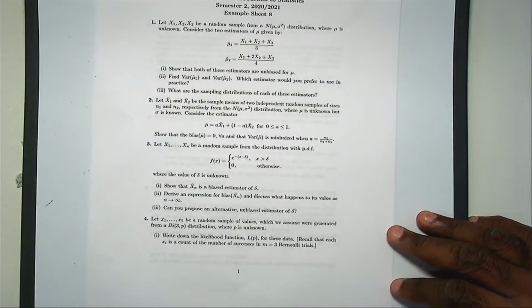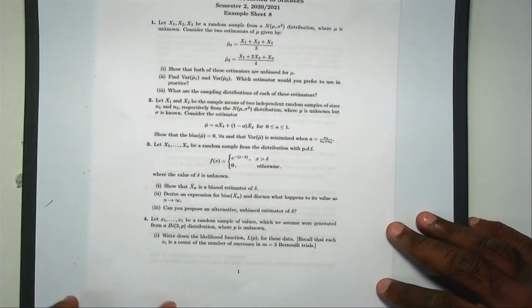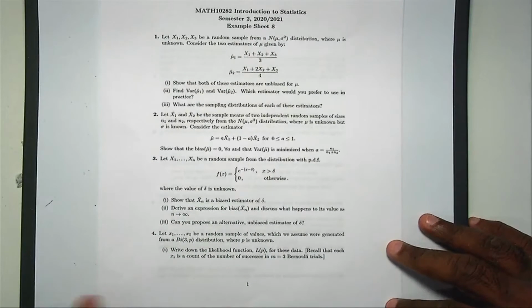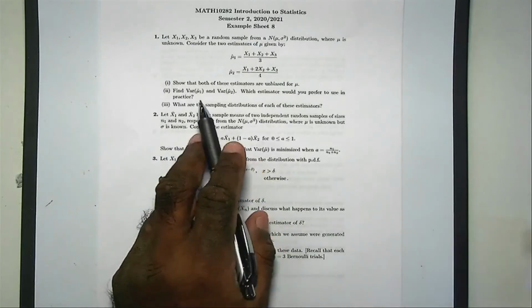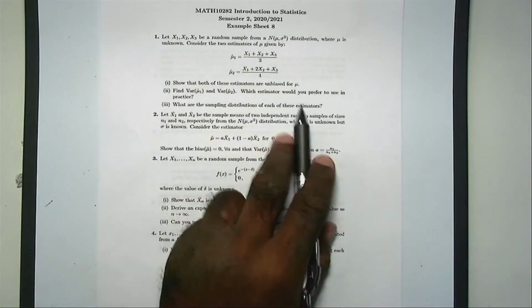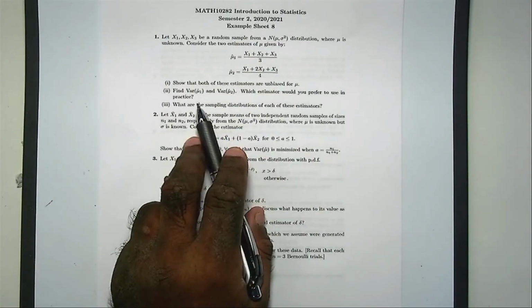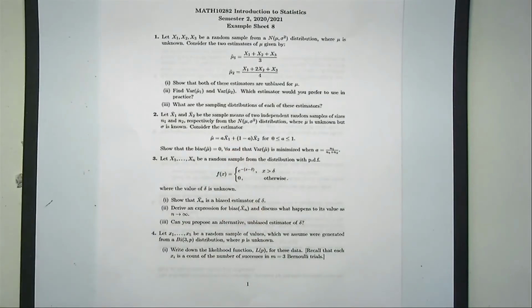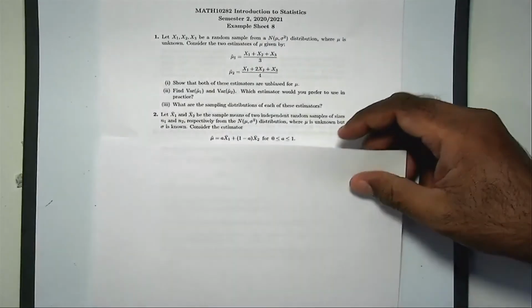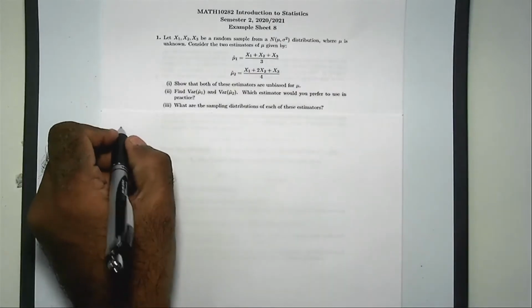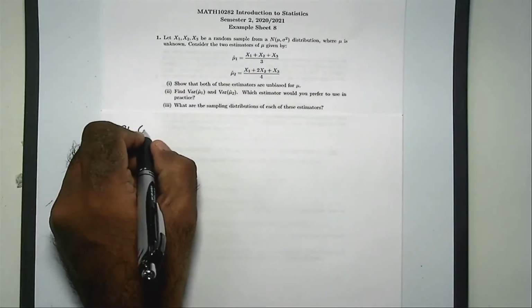Question 1, second part is to find the variance of the 2 estimators and say which one of them you prefer, right? So this is question 1, part 2.